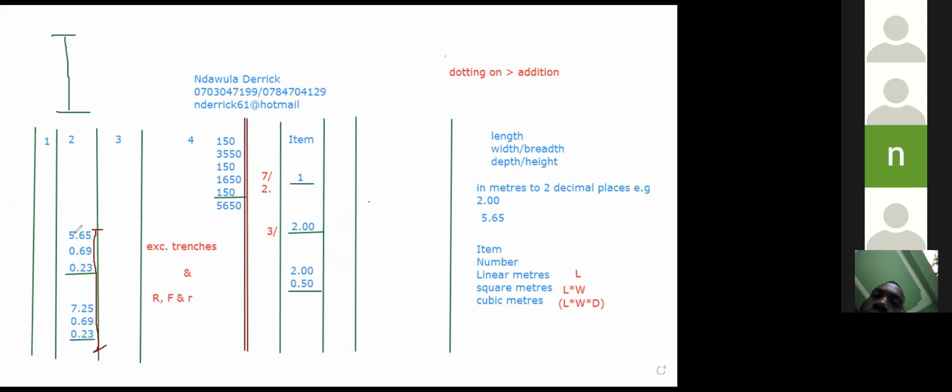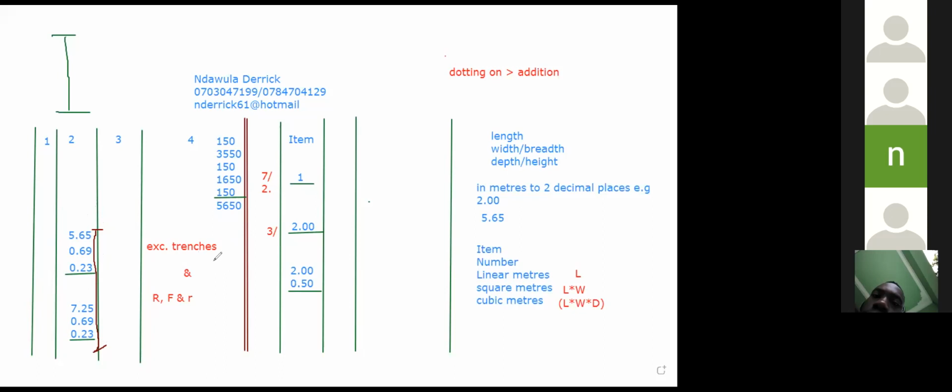This is about grouping of dimensions, how to use a bracket and how to use the and. If you have a dimension, but you have more than one description, you write the first description, then you write the and, then you write the second description. So for multiple descriptions we use the term and. If you have multiple dimensions for the same description, we use this bracket, to show that this dimension and this dimension all belong to this description.